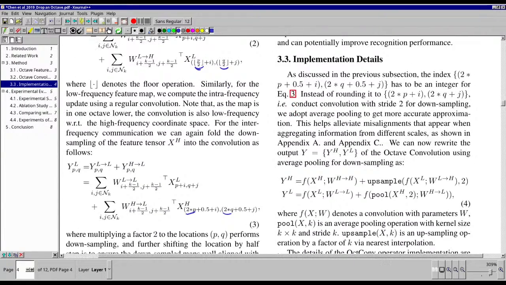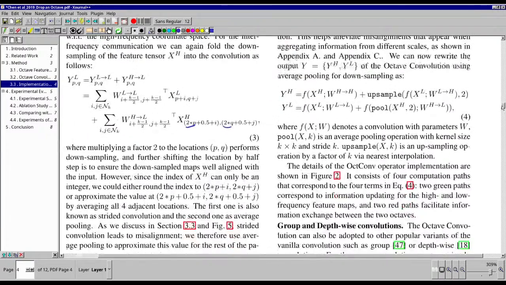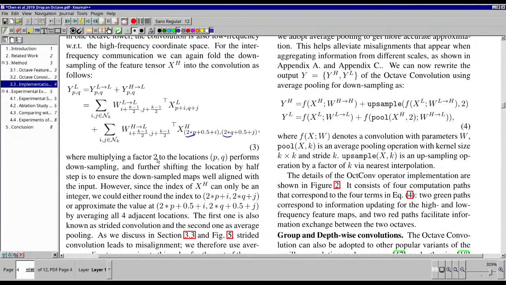Implementation details. As discussed in the previous subsection, what is this half again? We're multiplying by a factor of 2 to the location. Yeah, it performs the downsampling and further shifting the location by half a step to ensure downsampled maps will align with the input.